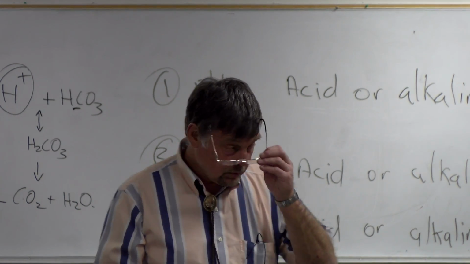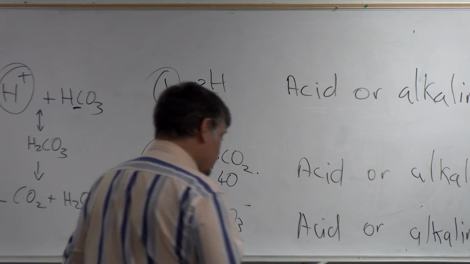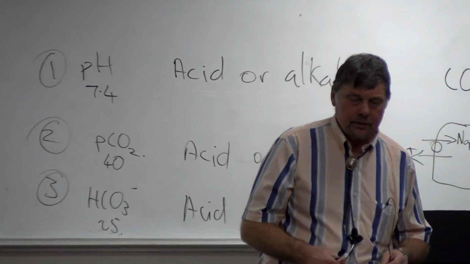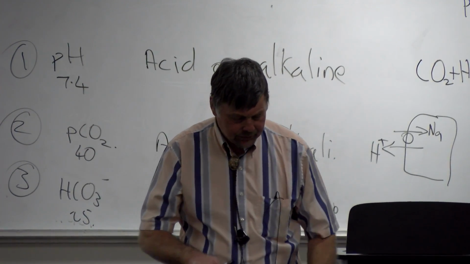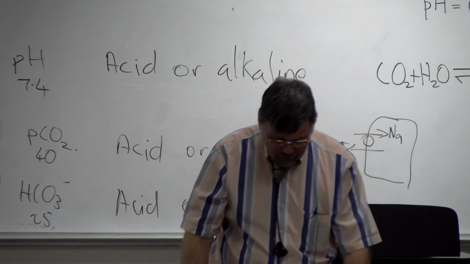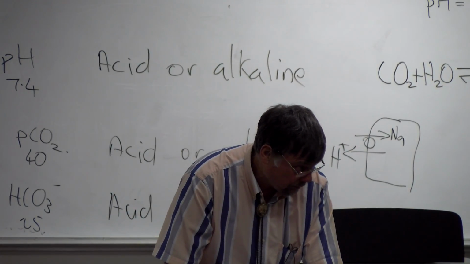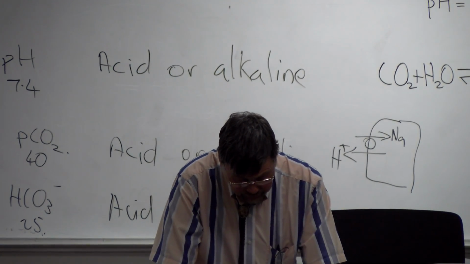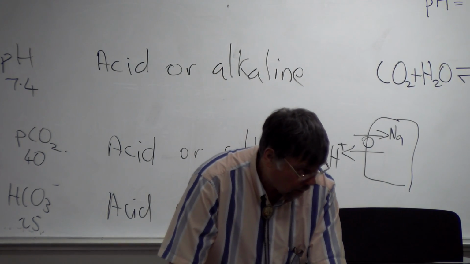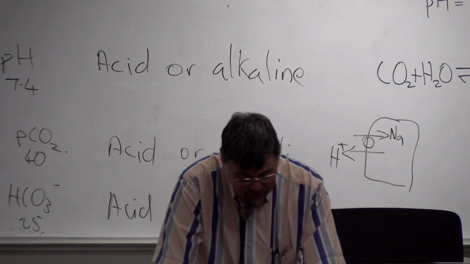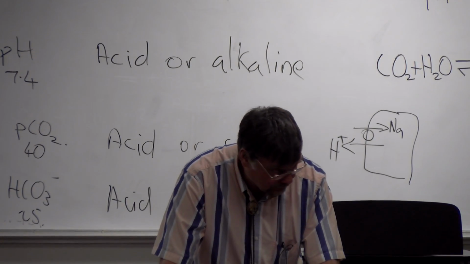Would this be two separate conditions, or would this be compensation? That's a hard one to say. Compensation shouldn't usually bring you back to pH normal, so it certainly isn't a normal compensation. And you really can't tell from this stage exactly what's going on.